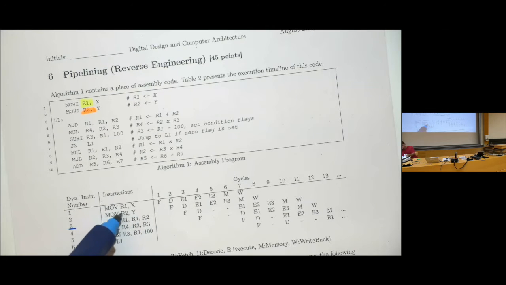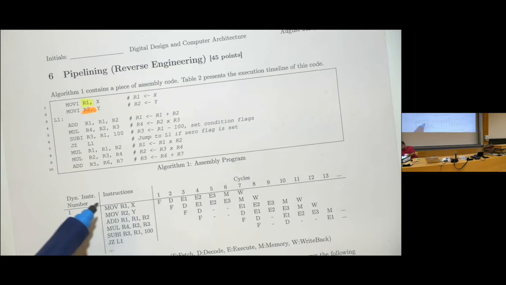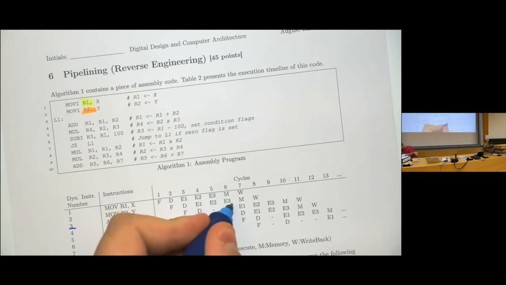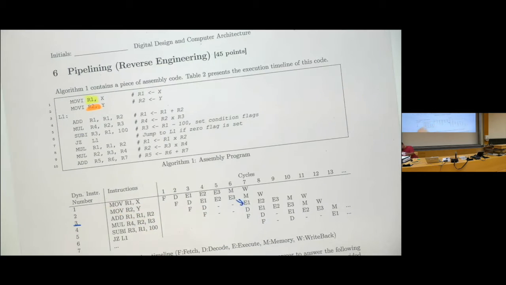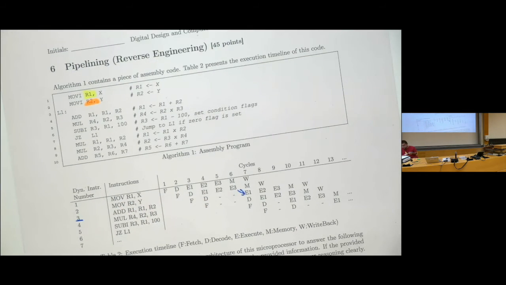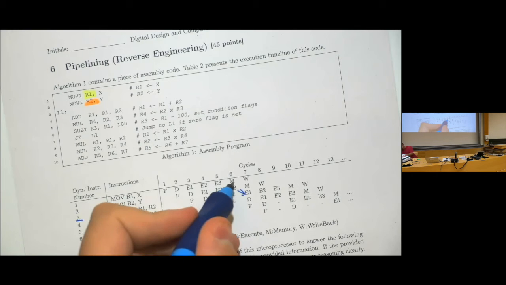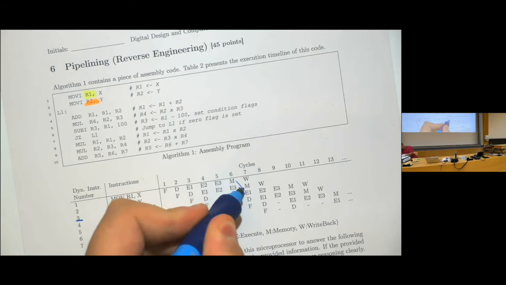Specifically the R2 value from the second dynamic instruction. So from the execute stage 3 to here, we are awaiting this value. So that's one path we're getting, and we're getting at least also the R1 from here to here.